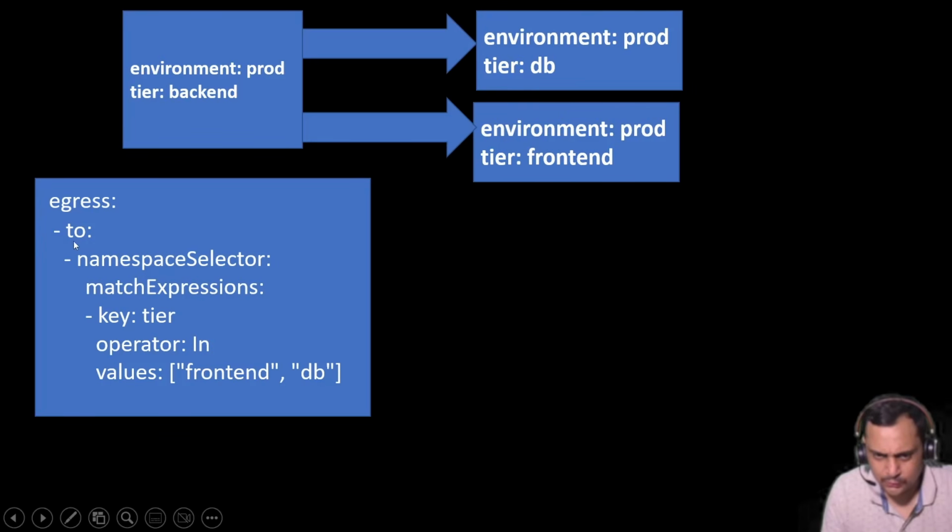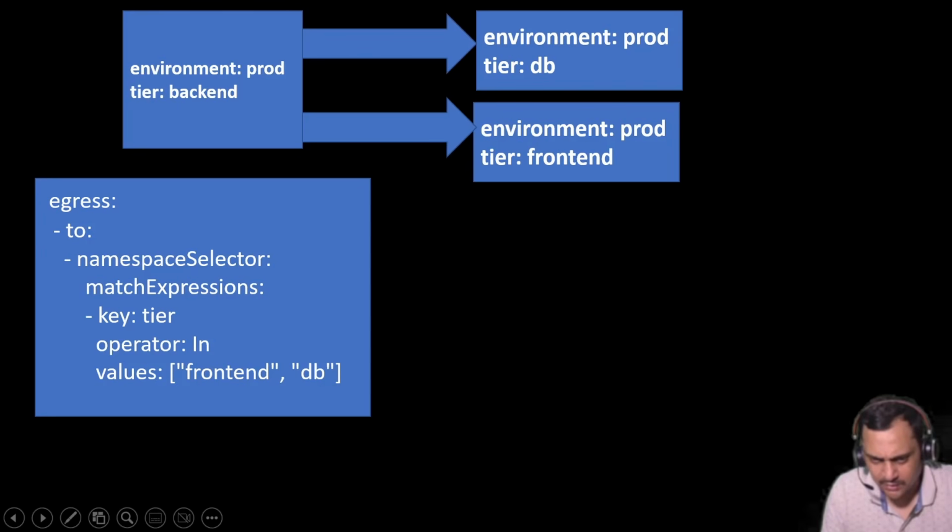In the egress rule, to namespace selector match expressions, key equal to tier, operator in, values frontend and db. Here we are using match expressions instead of match labels. We can also use this.